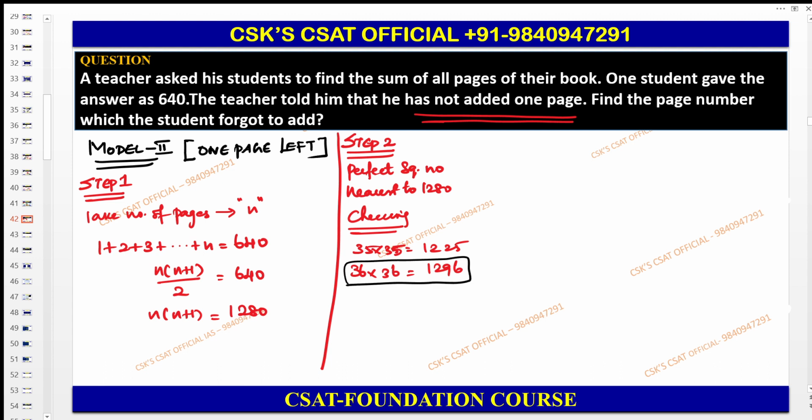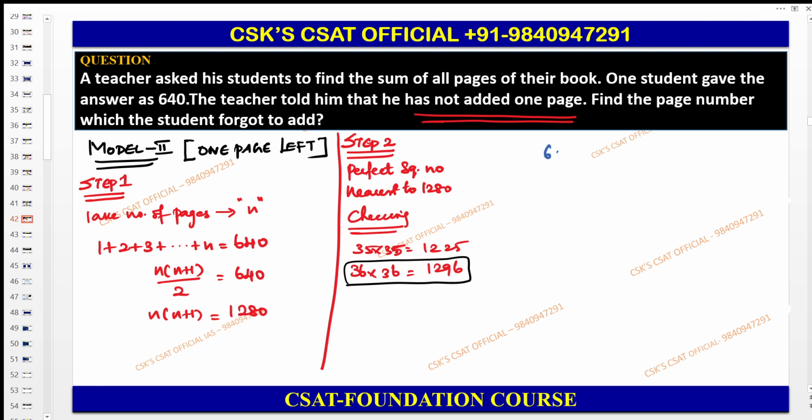Now understand one more thing in the question. The teacher told him that he has not added one page. So the given value 640 is whether lesser or greater than the actual value? The actual value should be greater than 640.